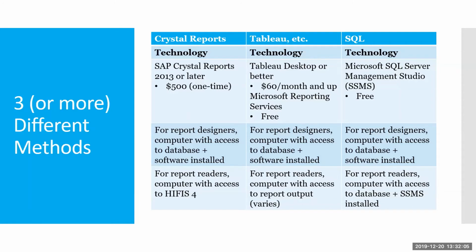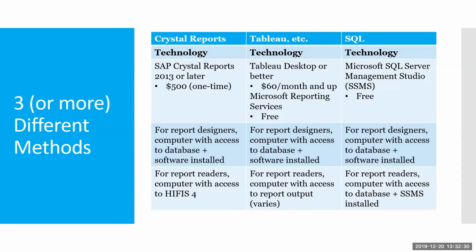The third category, which is the SQL, basically all you need is the software that's already being used to host the database. It's called Microsoft SQL Server Management Studio, which you can use to type some code in and pull some data out. Because you already have it installed to run HIFIS, then it's free. And so it's the lowest cost option for you.